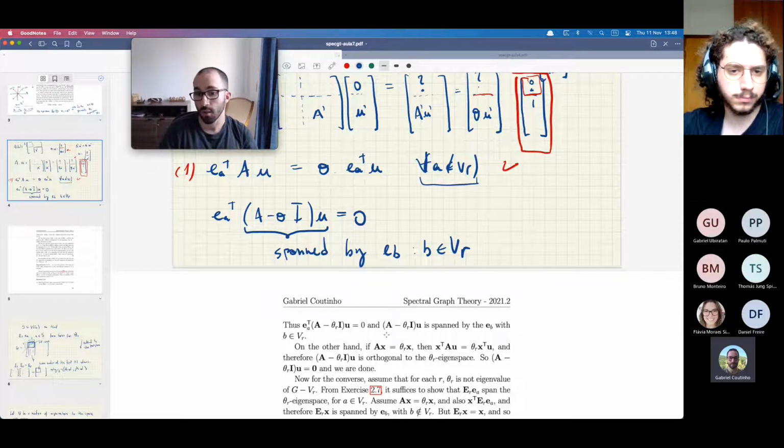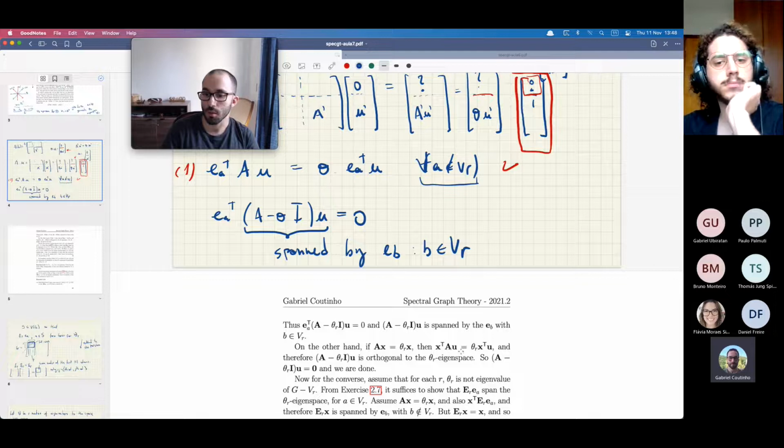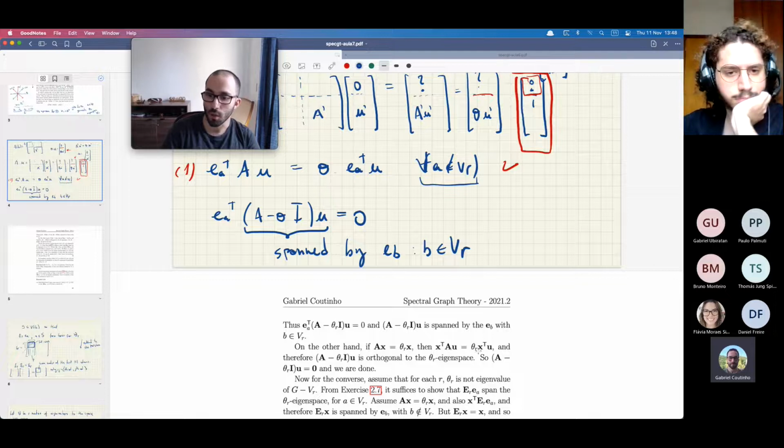Now, on the other hand, if we have that AX is equal to theta X, then X transpose A U is equal to theta X transpose U, and therefore this is going to be orthogonal to the theta eigenspace.